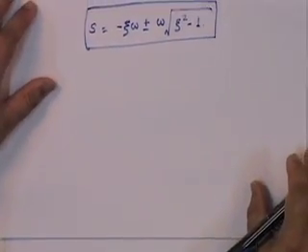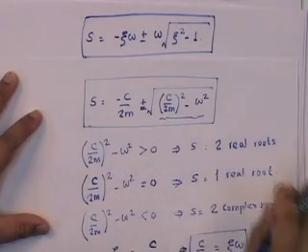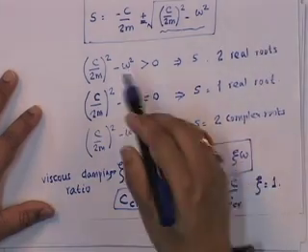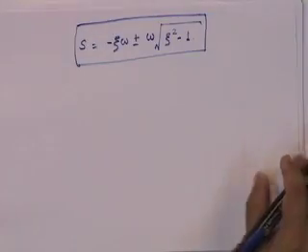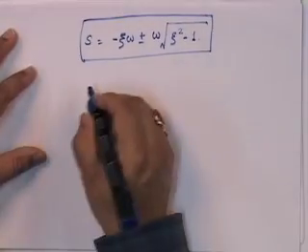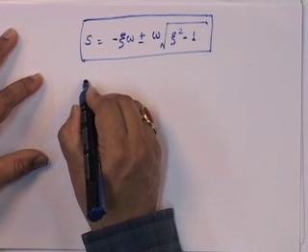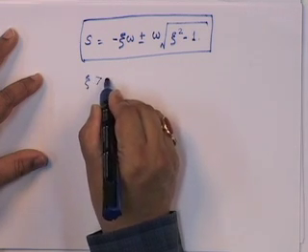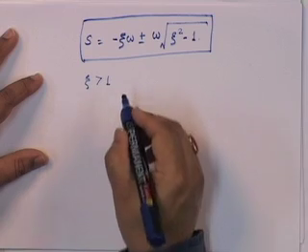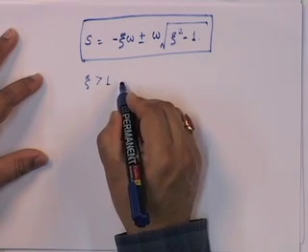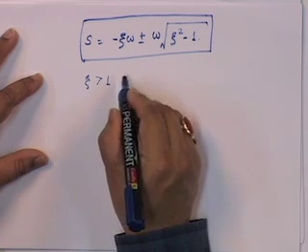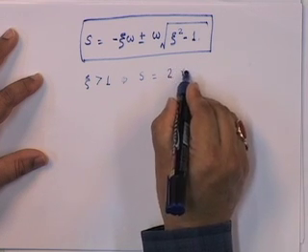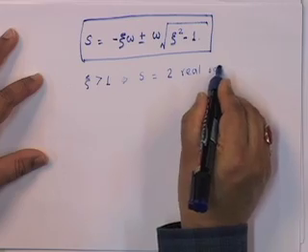Okay. So, if you look at it, by substituting the fact that C upon 2 m is xi omega into this equation, I have got this equation. And therefore, we basically have this situation that if xi is greater than 1, then we have 2 real roots.